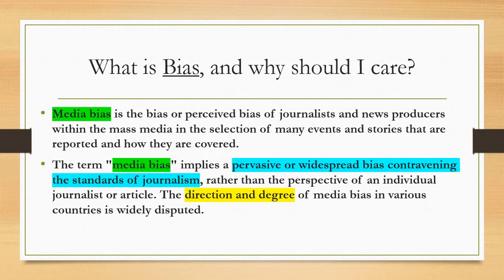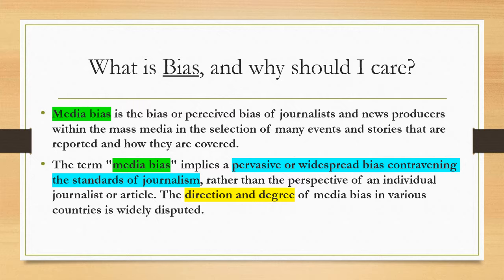So what is bias and why should I care? Media bias, in the green, it's an important term, is the bias or perceived bias of journalists and news producers within mass media in the selection of many events and stories that are reported and how they're covered. So it's not just in how we cover the stories, it's not just in the way we talk about our stories, but it's in which stories we choose to cover, or we choose to avoid covering.